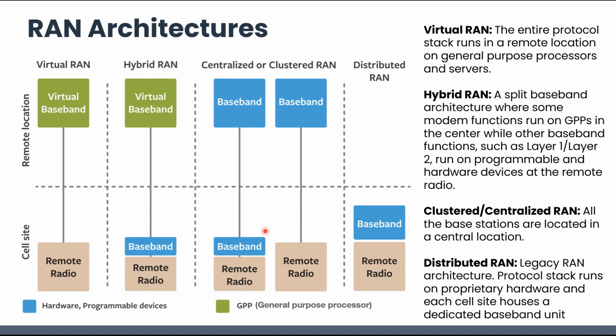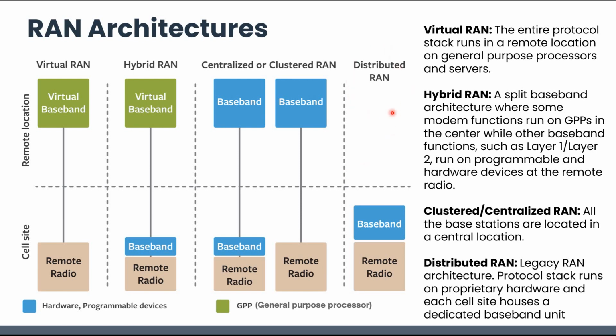We have a baseband split architecture where one baseband is located with the remote radio unit on the cell side and another baseband at the centralized location, and these both coordinate with each other. Basebands at a centralized location coordinating with their remote radio heads is all called centralized RAN, where we are implementing basebands at a centralized office location.